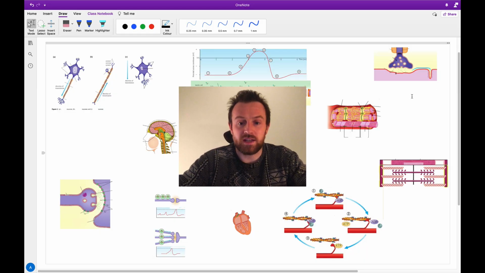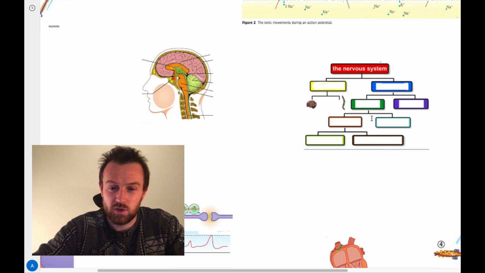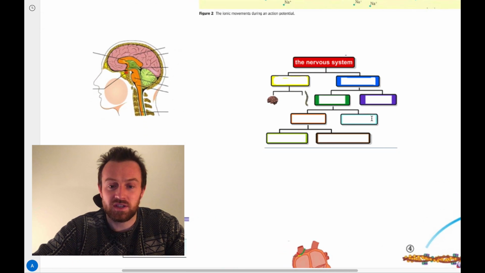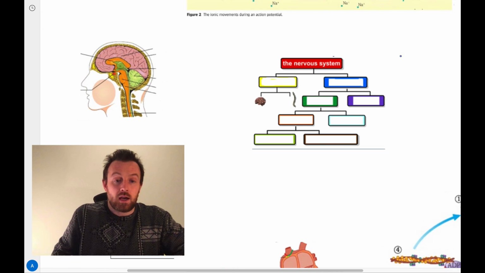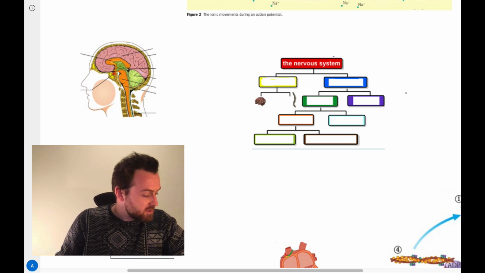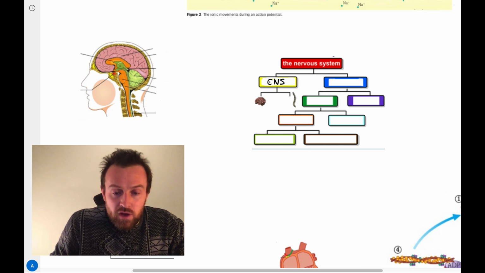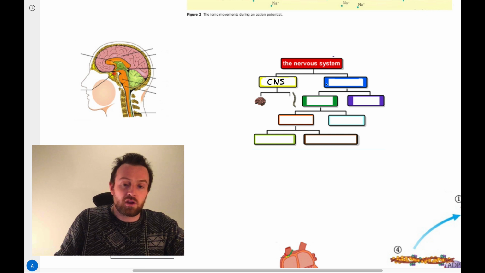Okay, we're going to start in the center. We're going to zoom right in. We're going to talk about how the nervous system is arranged in humans. So the nervous system can be split into two things. First of all, we've got the CNS. Now this stands for central nervous system. So if you have space, you could write central nervous system there.